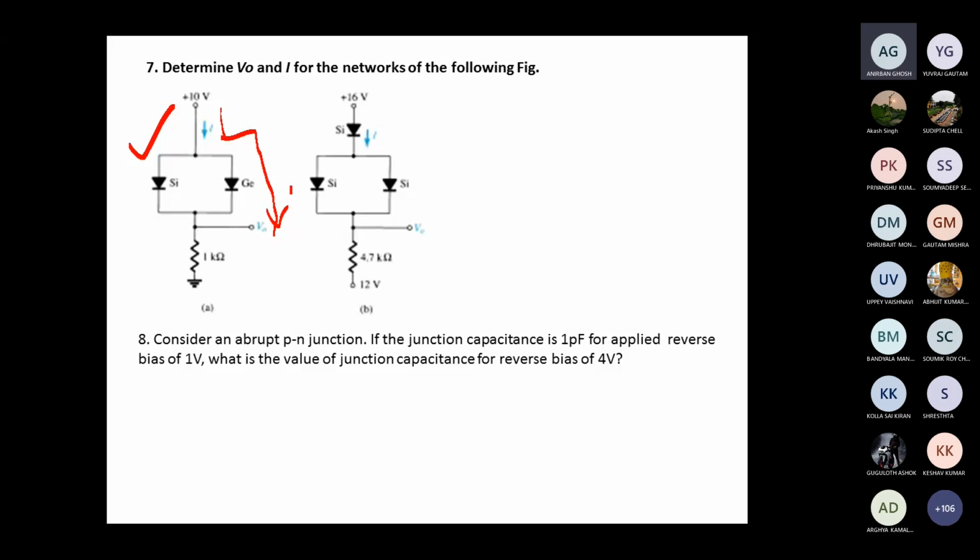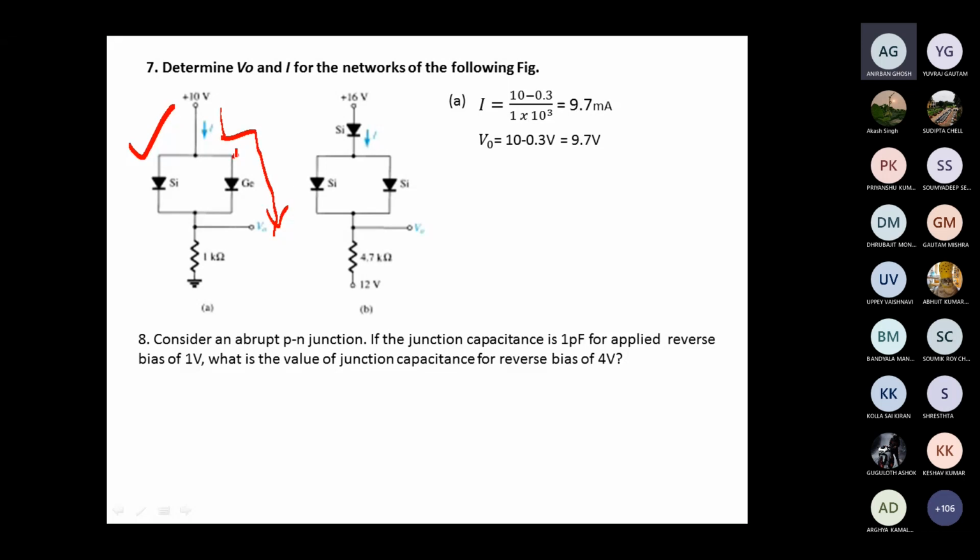That means if in any question we are given two diodes, and one has a lower voltage, current will flow through that. Okay, sir. So what if germanium is in reverse bias? The reason it will flow through low voltage is that the barrier potential is low for this one.